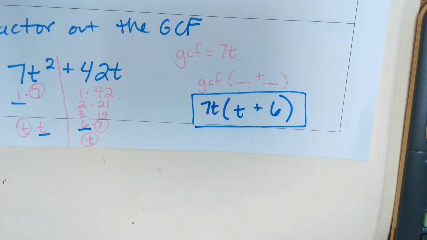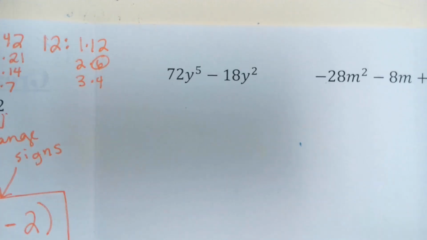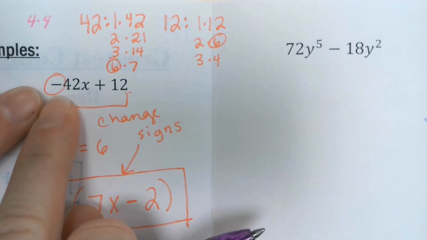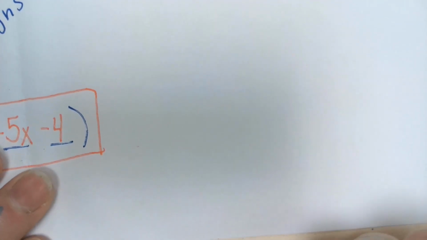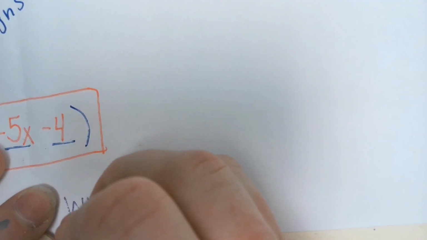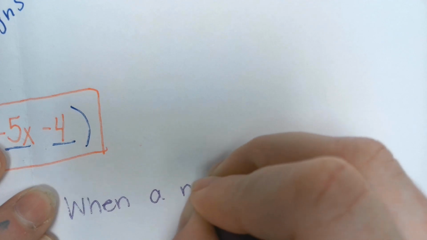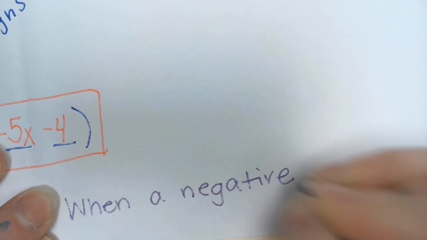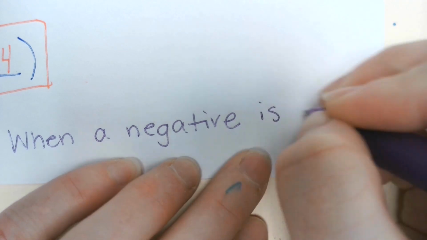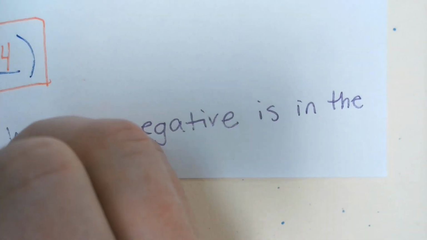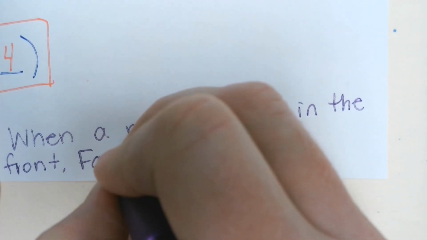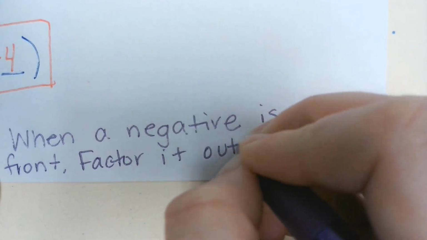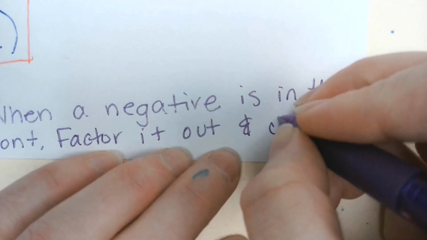We're going to finish yesterday's notes now, so go ahead and put up your warm-up and get out yesterday's notes. Okay, remember how we pulled out a negative if it was first? Let's write ourselves a little note down here. When a negative is in the front, factor it out and change all the signs.